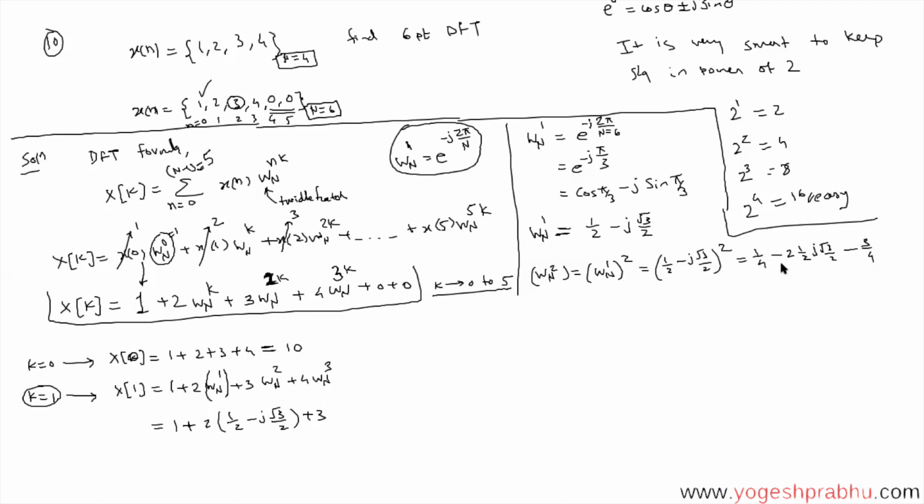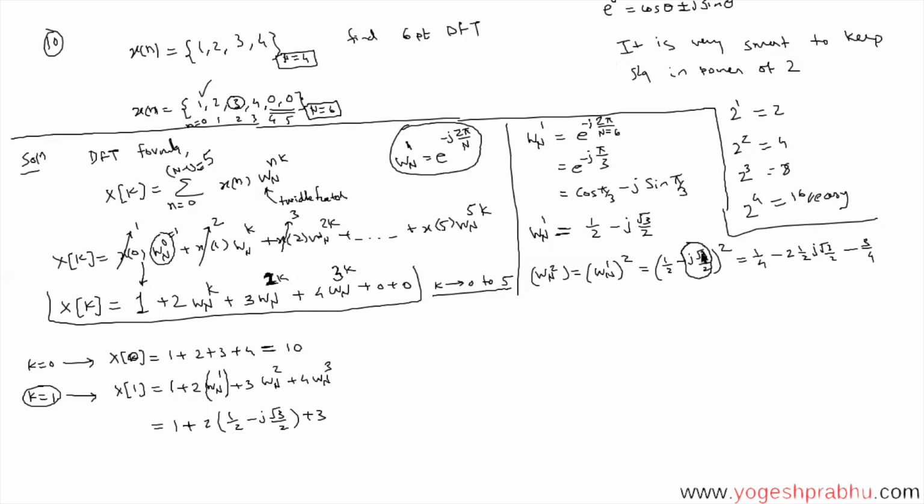Is that correct? I'm just doing a minus b the whole square: a square minus 2ab plus b square. Do you get that? Not sure exactly where the 3/4 comes from. Because it's a square of this term. Good question.